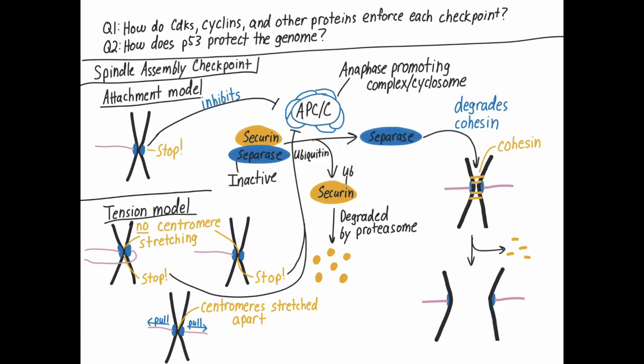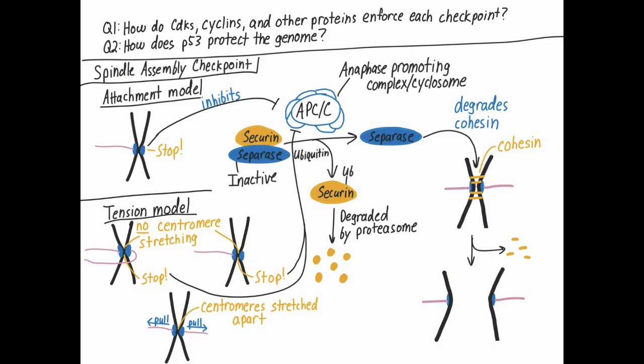The APCC complex of proteins does much more than what I'm showing here, and also functions in other phases of the cell cycle to degrade other cyclins and prevent premature progression through the cell cycle. Indeed, throughout this video, I've shown only a small part of how the cell cycle is regulated, and I've highlighted just a few of the CDK cyclin pairs.